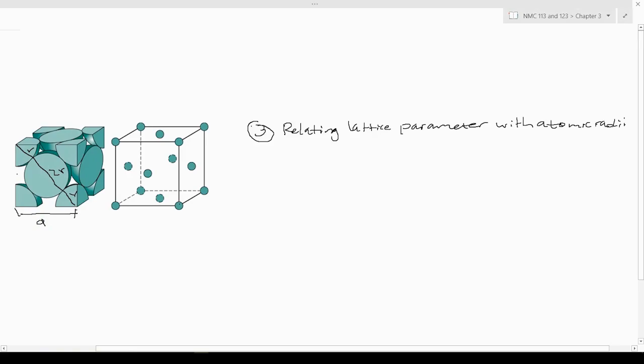And then on this side as well, you have a. Okay, you have a on that side. So for you to be able to relate these, just use Pythagoras theorem.